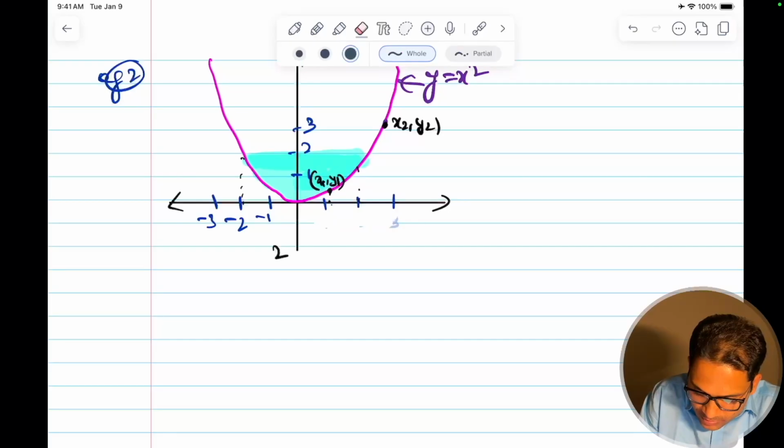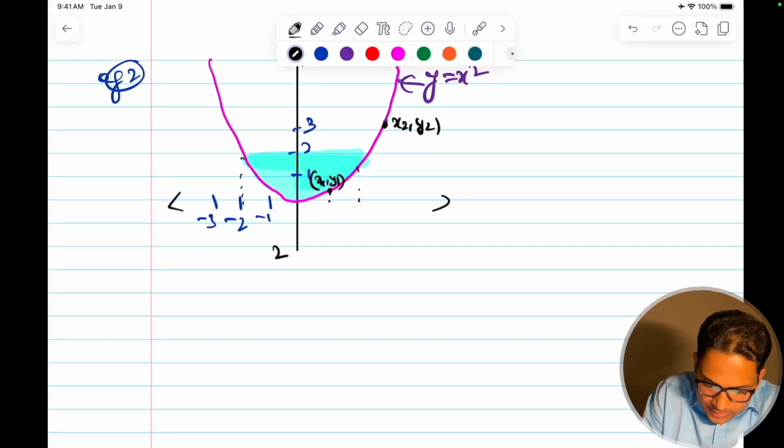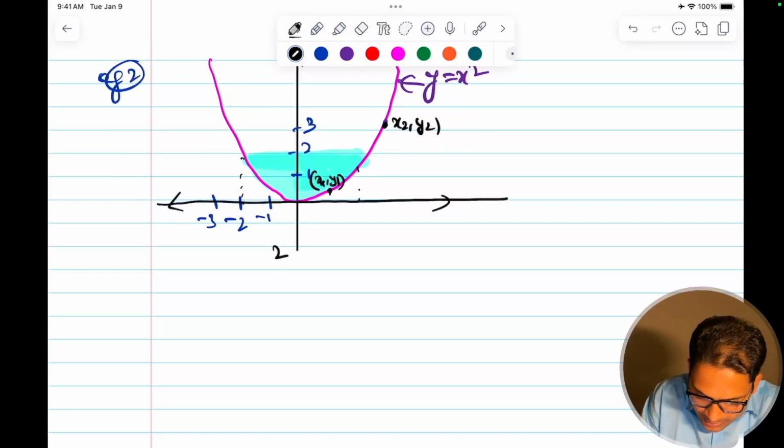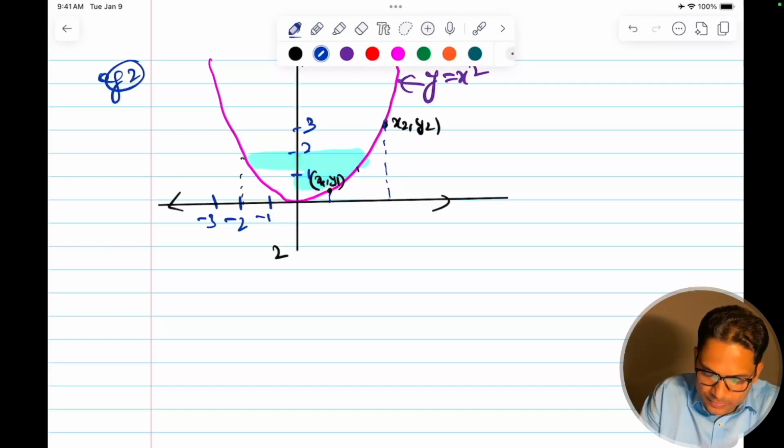I'll just remove this. The whole axis went off, so that it's clear, only a few lines are there. This is your x1, this is your x2.